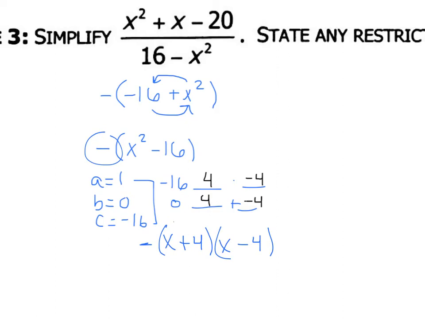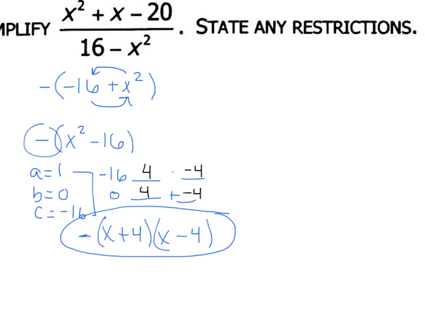We're just going to remember here that this is the bottom part of our fraction. So let's slide over. Here's going to be our final answer. Negative, and then x plus 4 and x minus 4.